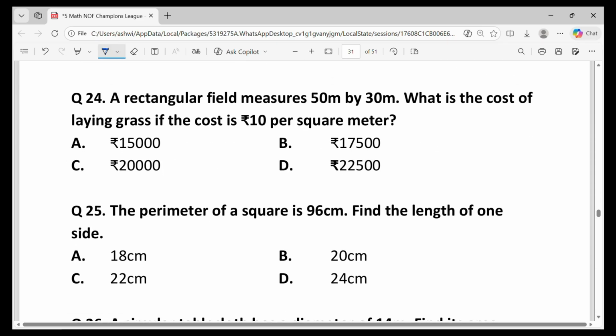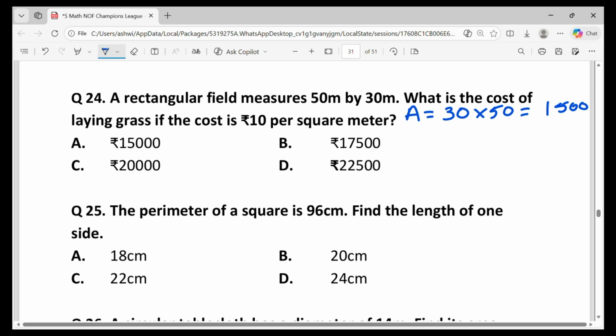Question 24. A rectangular field measures 50 meter by 30 meters. What is the cost of laying grass if the cost is 10 per square meter? The area of the rectangle is calculated as length multiplied by breadth. So area is equal to 30 into 50, that is equal to 1500.